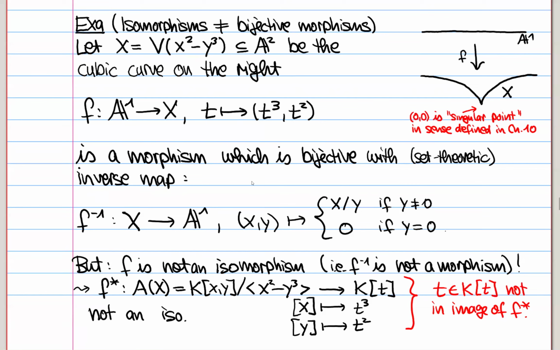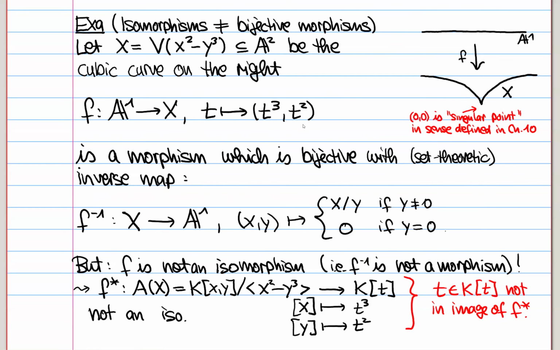And you can also check that it is bijective. The set-theoretic inverse map is given by the map from X to A1. If you have such a pair (x, y), and if y is non-zero, then you can get back this t just by computing x divided by y, because then you have t to the 3 divided by t to the 2, so this just gives t back.